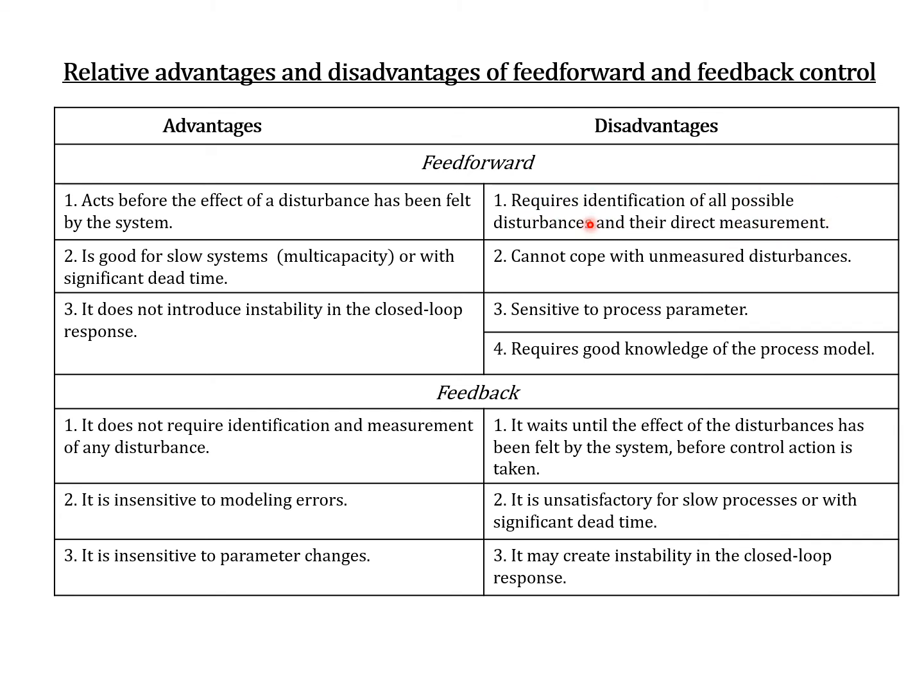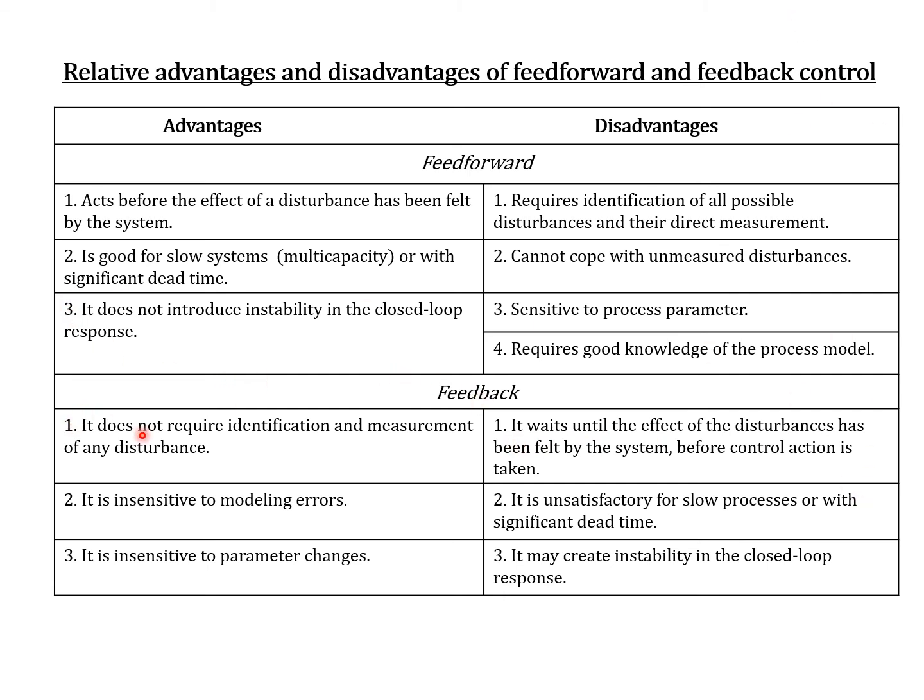We need to know all the model parameters to be able to implement it. If you cannot measure the disturbance, you cannot cope. It's sensitive to the process parameters, because it is model-based, and it requires good knowledge of the process model. So if you have a better process model, you have a better feedforward controller.